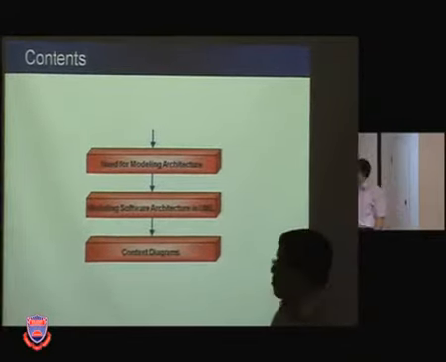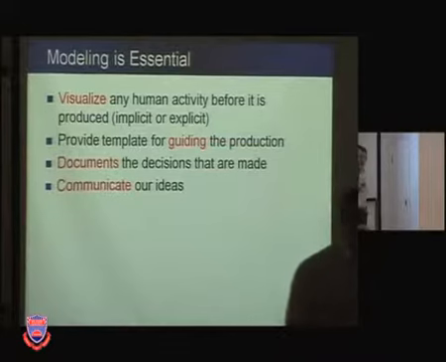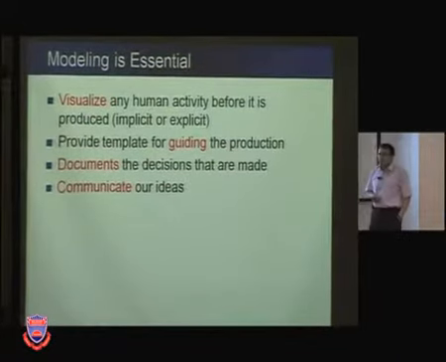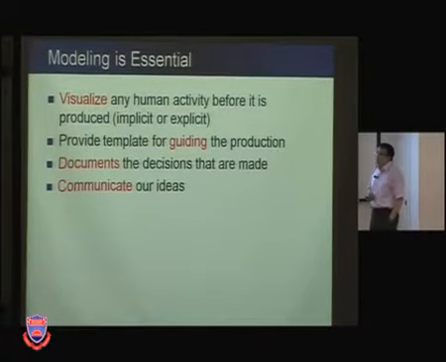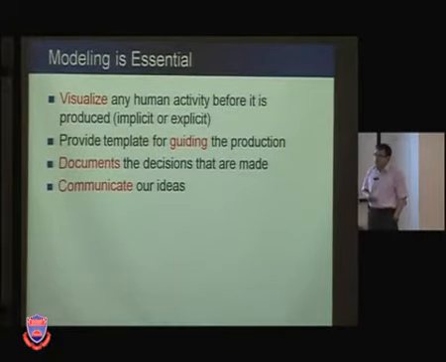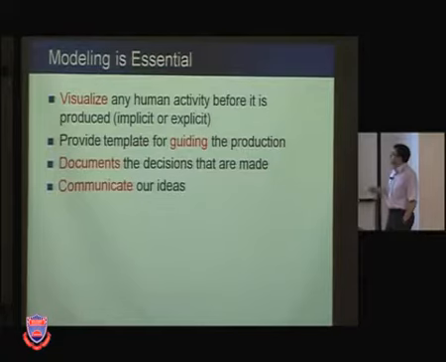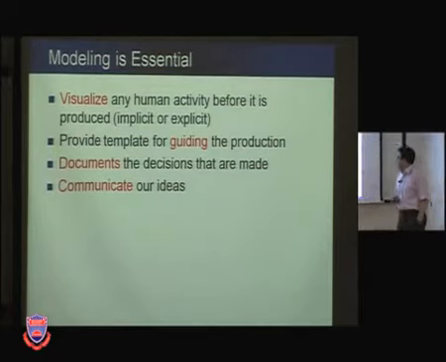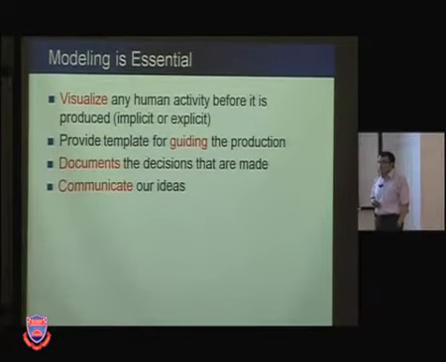The second part will be about architecture description languages. So why do we need modeling? As I said, if you do software engineering, software development, or actually any engineering discipline, you have modeling. Why do we model things or a problem? To visualize the things before we develop. Models can be used as guidance for the production.